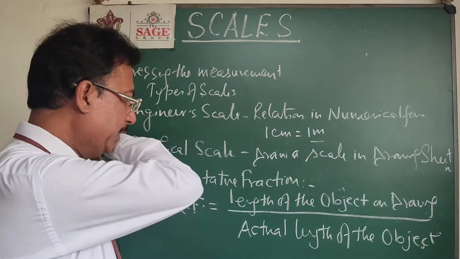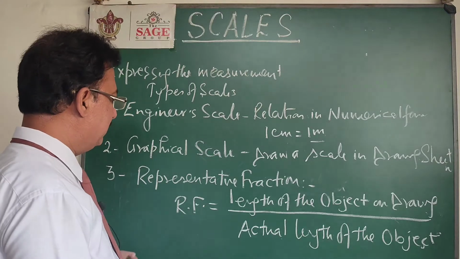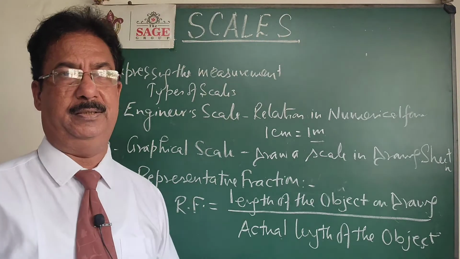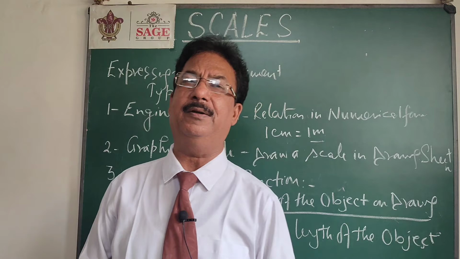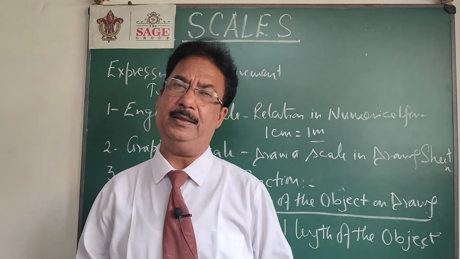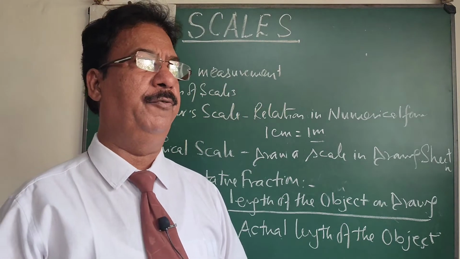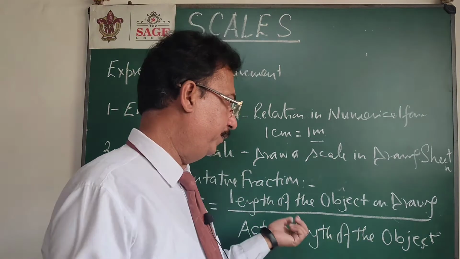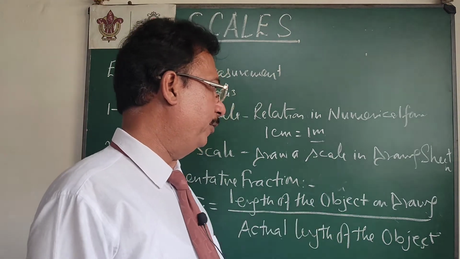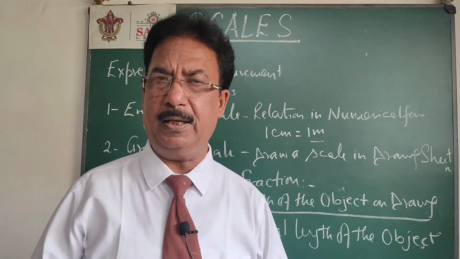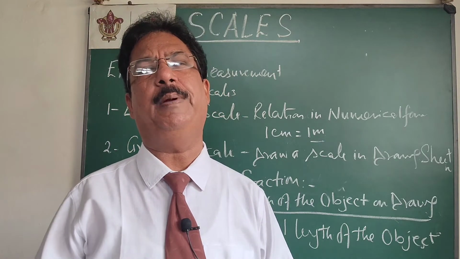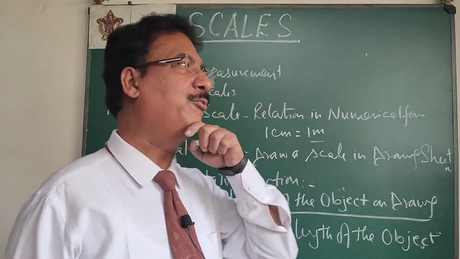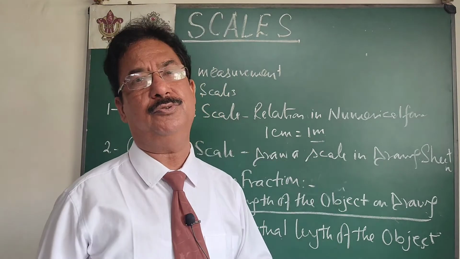Whatever scale we select, we will find out the RF for that. The advantage of the RF is that it is a unitless number. It is a relation between two different lengths: one is the drawing length, the second is the actual length. That proportion is more beneficial than saying 1 centimeter equals 1 meter.